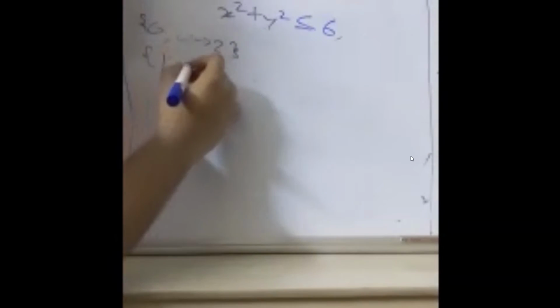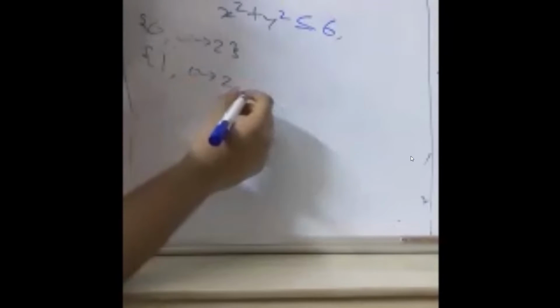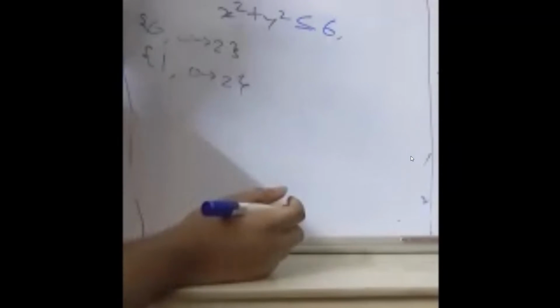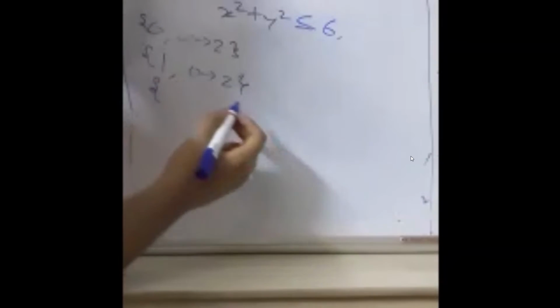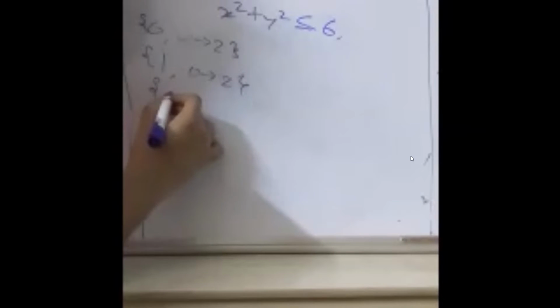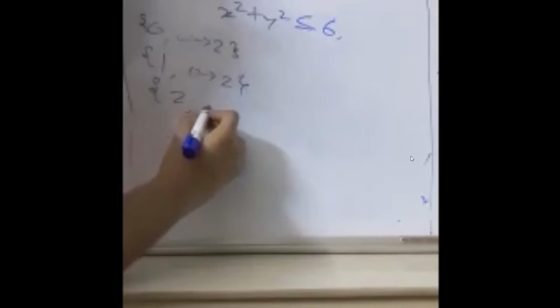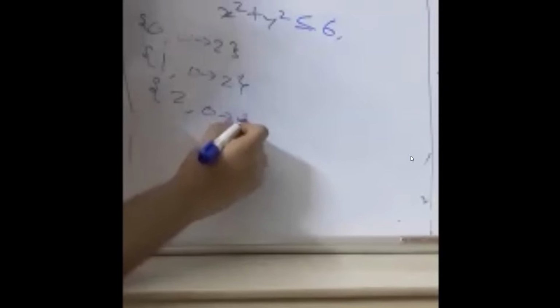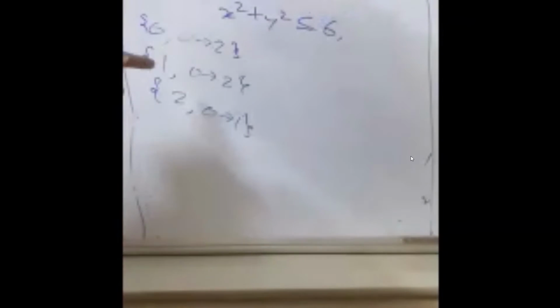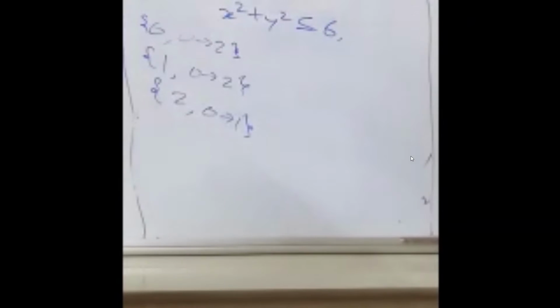If x is 1, y could still be 0 to 2, because 2 square plus 1 square is 5. If x is 2, y could be only 0 to 1, because 2 square plus 2 square is 8, and that violates our given condition.